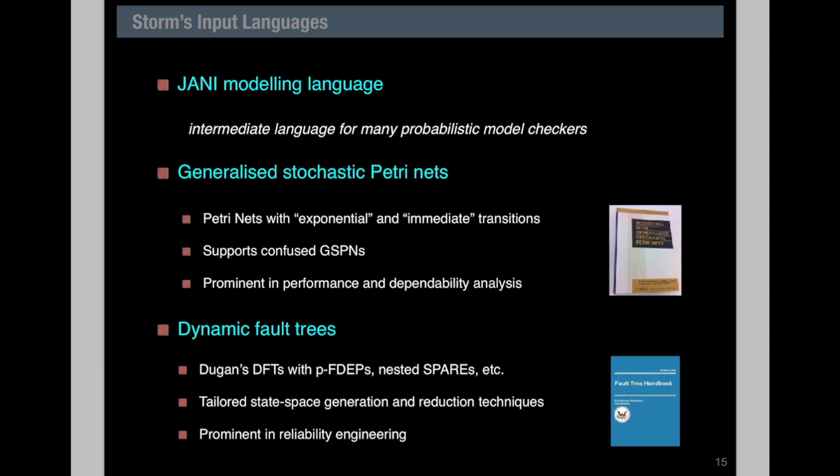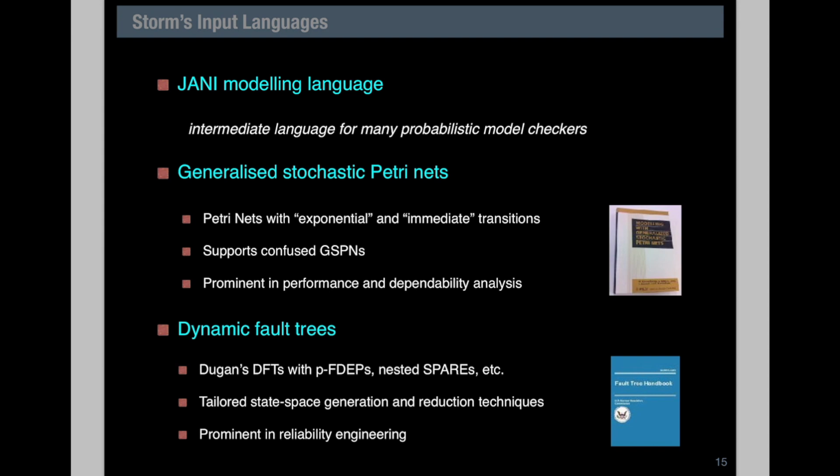Input languages. There is Jani, the intermediate language that is used for many probabilistic model checkers. So nowadays, almost all probabilistic model checkers support this. So it provides a uniform platform to describe your models, and then you can use as backend any probabilistic model checker you're interested in.